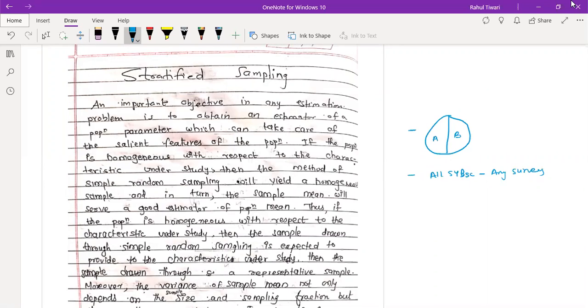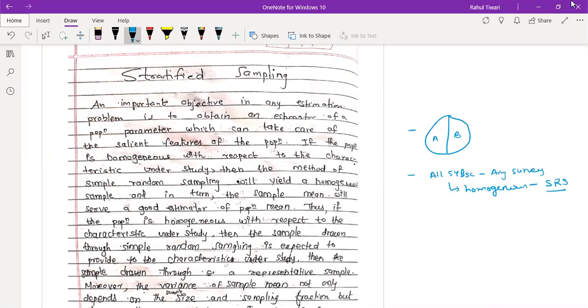If I'm considering homogeneous data in my survey, that means here I'm talking about simple random sampling.